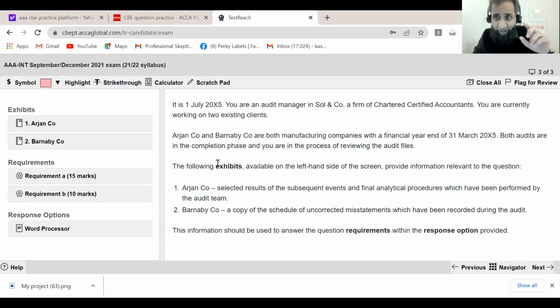But when I was writing the subsequent event, when you discuss with management to record something, or to adjust something, those are actions. Asking the management to rectify, record or adjust something is basically known as an action. But even if you write a procedure only, that's perfectly fine. I hope that's giving you confidence.